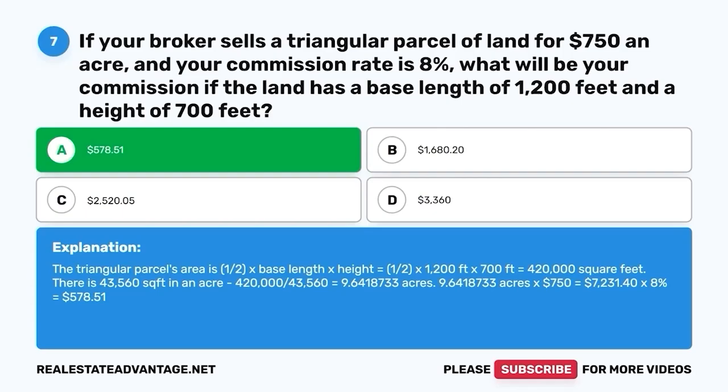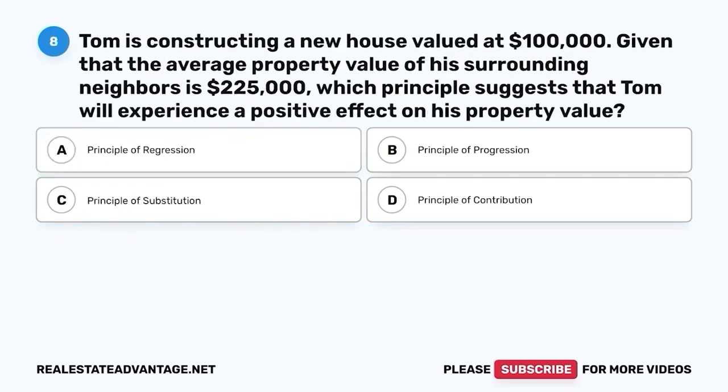There are 43,560 square feet in an acre. 420,000 divided by 43,560 equals 9.6418733 acres. 9.6418733 acres times $750 equals $7,231.40. $7,231.40 times 8% equals $578.51.